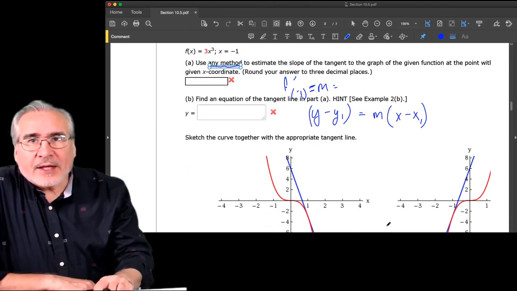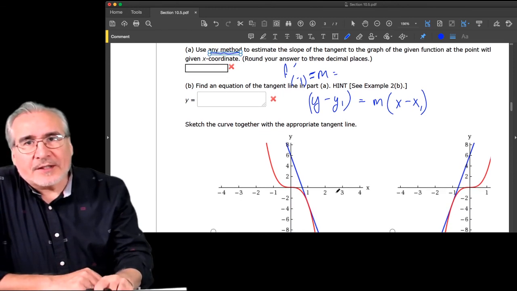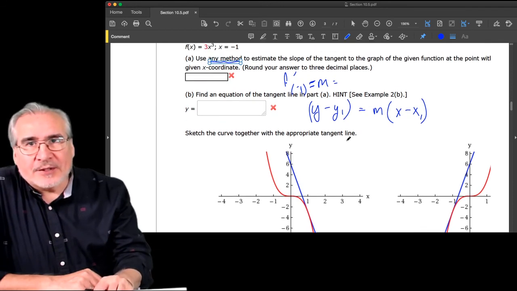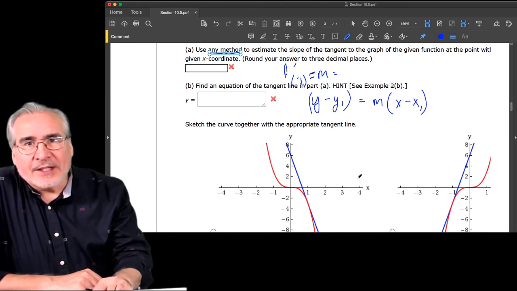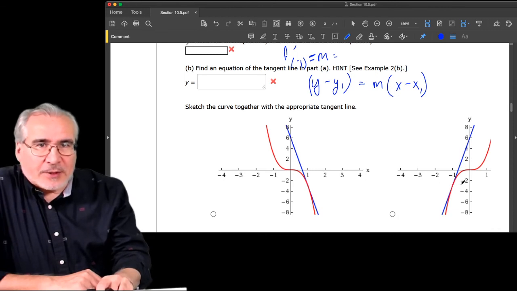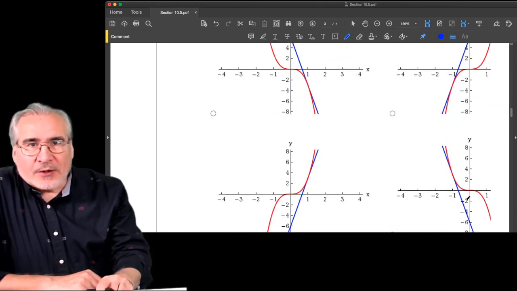Okay, and the advantage of using the graphing calculator is it makes it a lot easier to figure out which graph to pull up. And again, with this one, we're doing it at x equals -1. So hopefully you can see that this is x at +1, so this couldn't be it. This is possibly it because it's x at -1. That's where the slope is going. Or it could be this one.